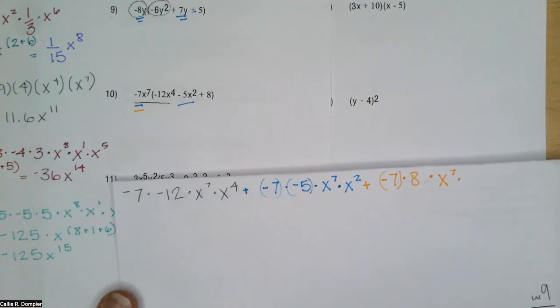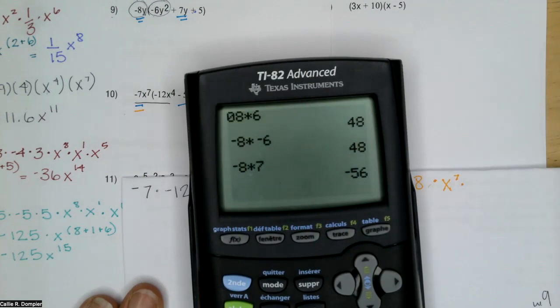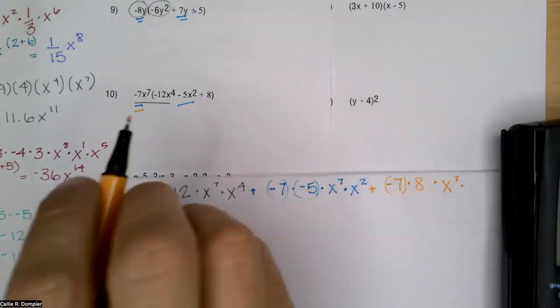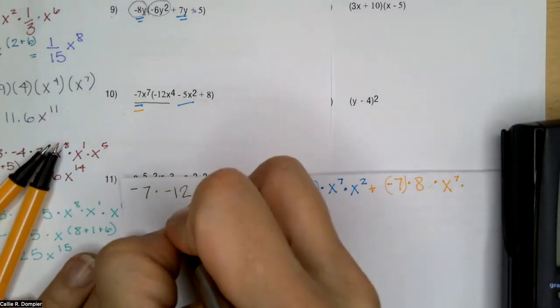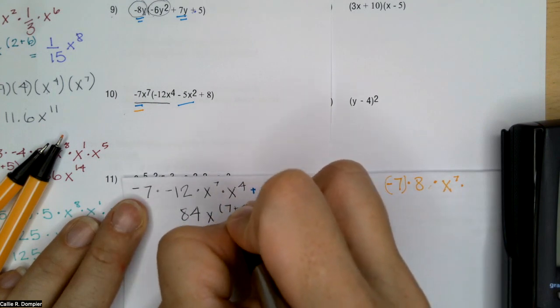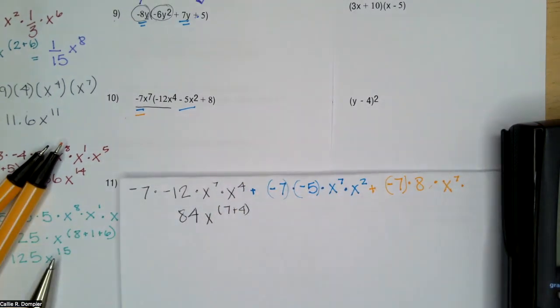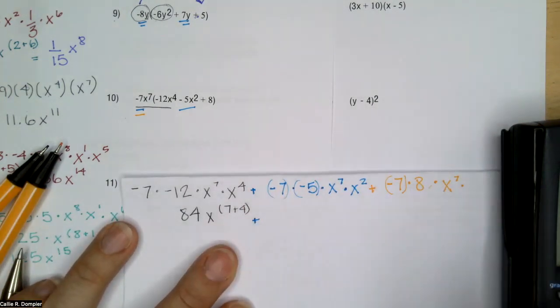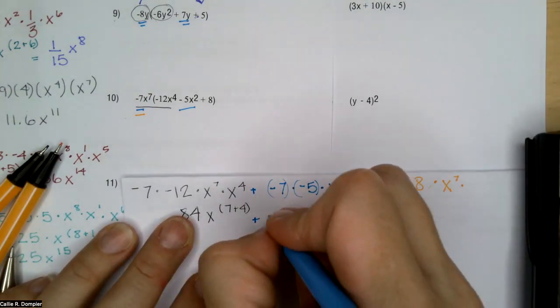Good. All right, let's simplify. Negative 7 times negative 12 is 84. Times x to the 7 plus 4, right? Plus, negative 7 times negative 5 is 35.